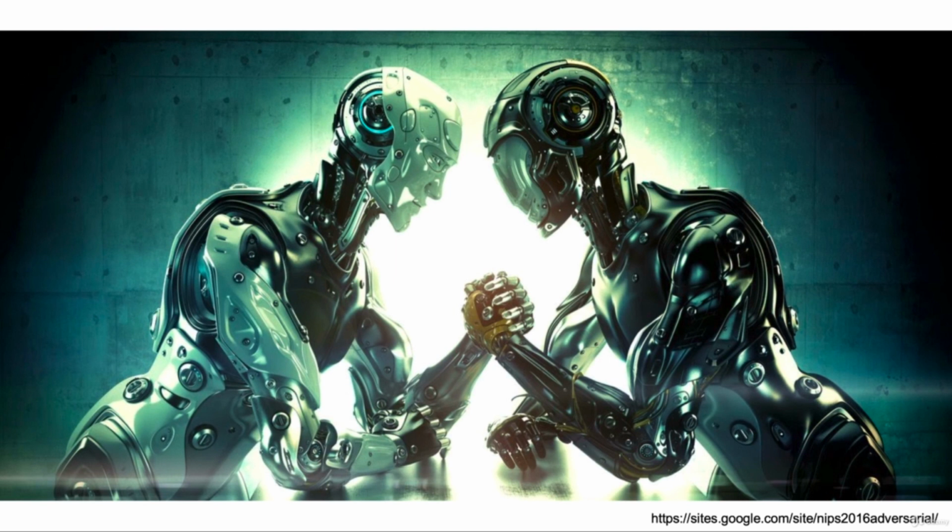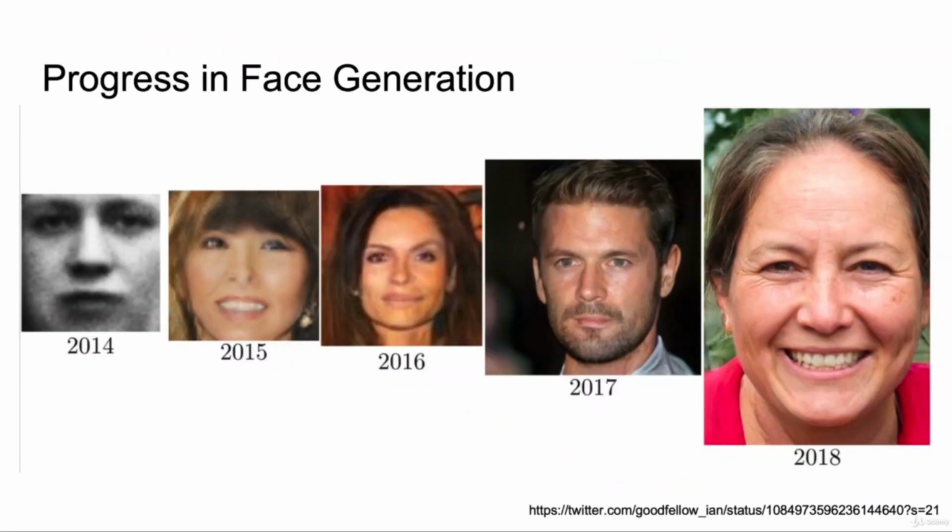In this course, we will mostly talk about Generative Adversarial Networks, the framework that was proposed in 2014 and now has state-of-the-art results in generative learning. Now you can see on the slide the progress in face generation that was made since 2014.